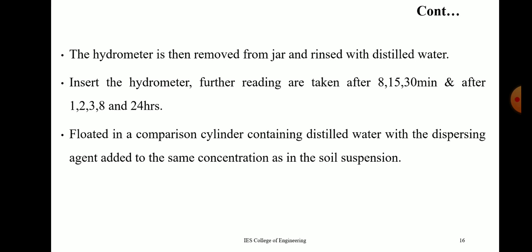Further readings are then taken after 8, 15, 30 minutes and after 1, 2, 3, 8 and 24 hours. The hydrometer is floated in a comparison cylinder containing distilled water with the dispersing agent added to the same concentration as in the soil suspension.